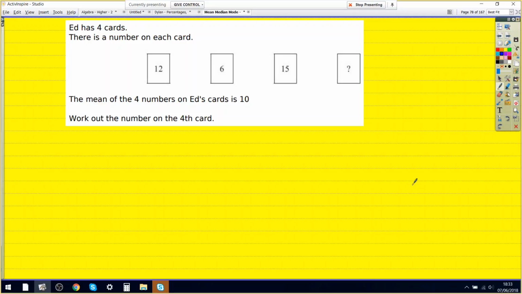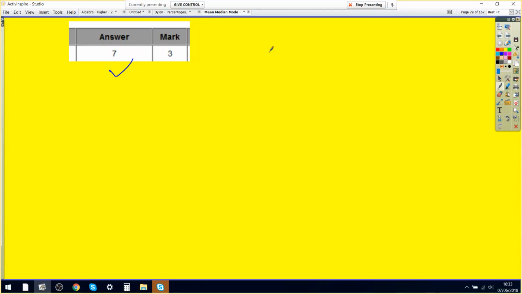The number on each card. Would it be 7? Let's check. It is 7. Well done.